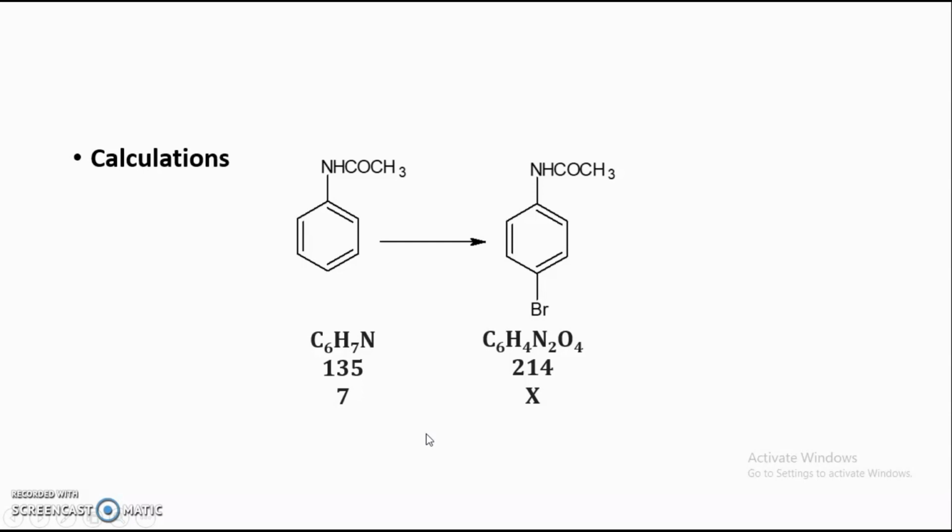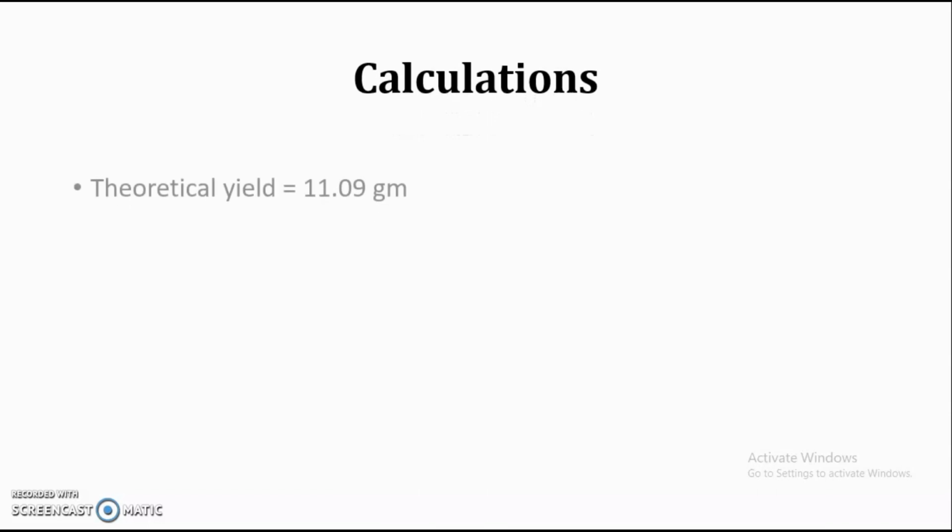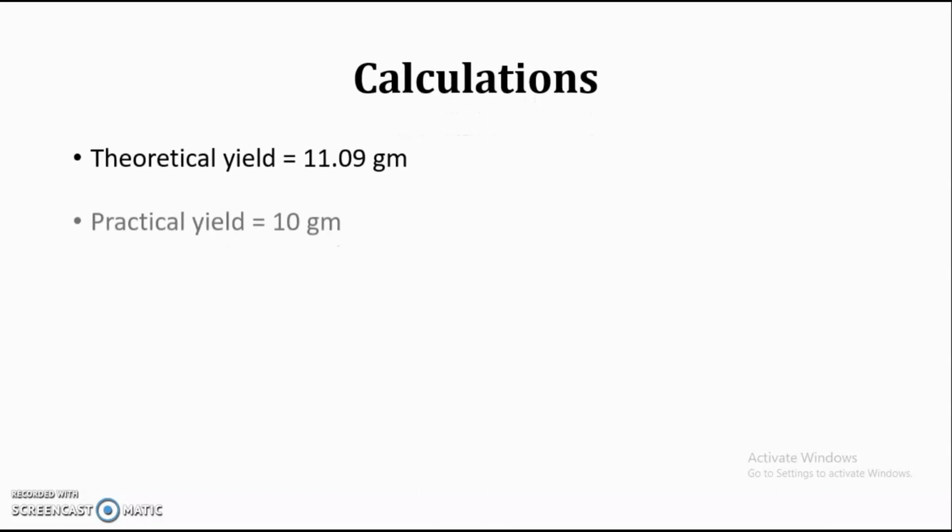We have taken 7 gram of our compound, by which we can calculate the theoretical yield, that is equal to 11.09. Now suppose the theoretical yield is 11.09, and the practical yield, that is the product obtained after drying, is 10 gram.